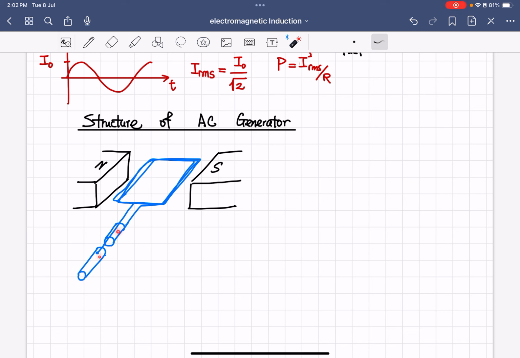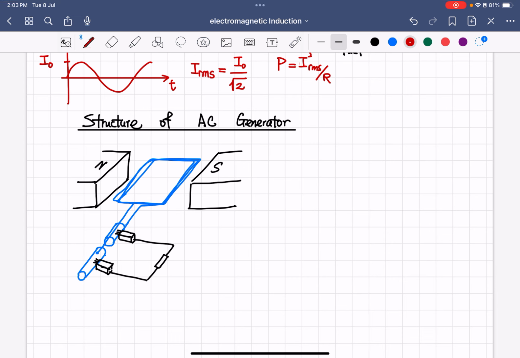So it's like two outputs, and then they are connected externally with a fixed carbon brush that allows this turning part to connect to an external circuit. And then this AC current produced is connected to a resistor to produce some power.